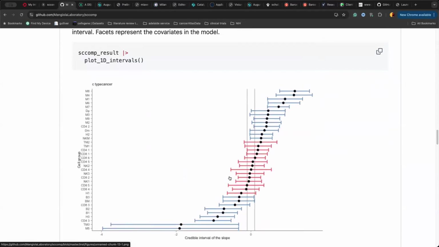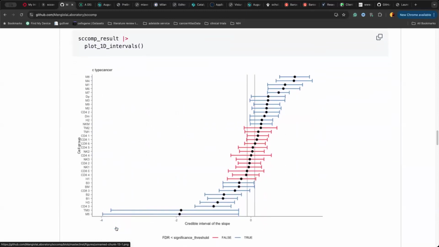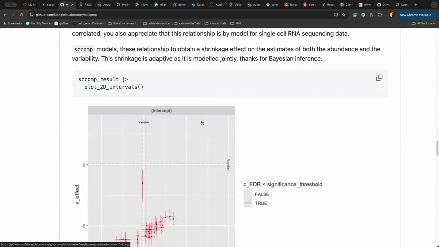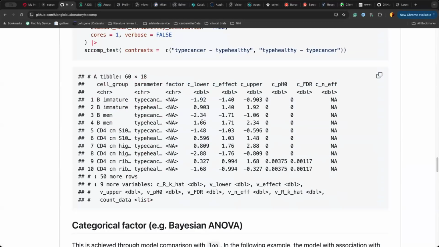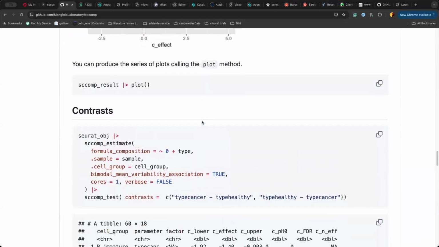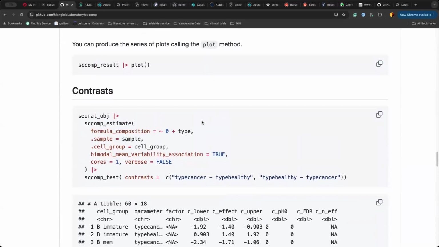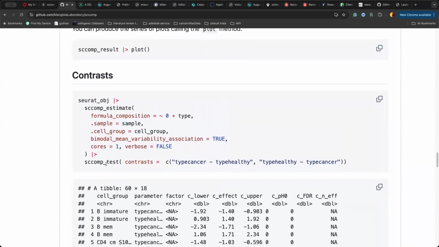You can visualize the effects this way, where you have credible intervals and color by significance. And again, this is the relationship of the intercepts I showed you before. Maybe the last thing here, well, no, we have some time. In sccomp test, you can test for contrasts, and you can decide the minimal effect you want to test your hypothesis on.